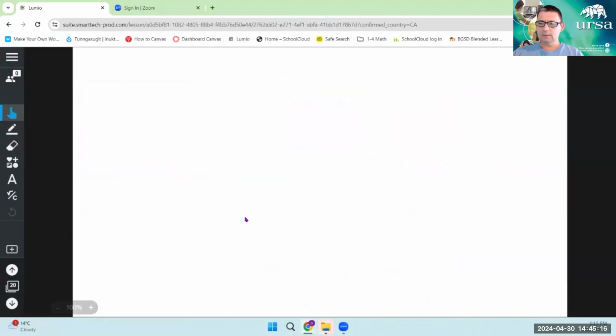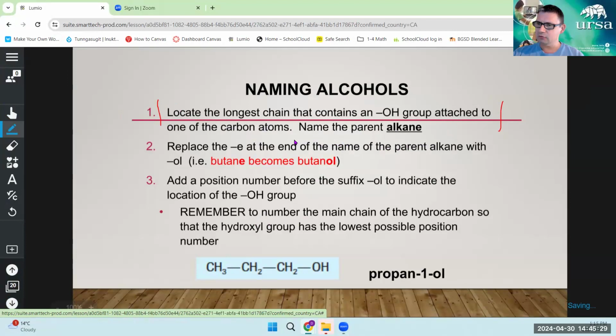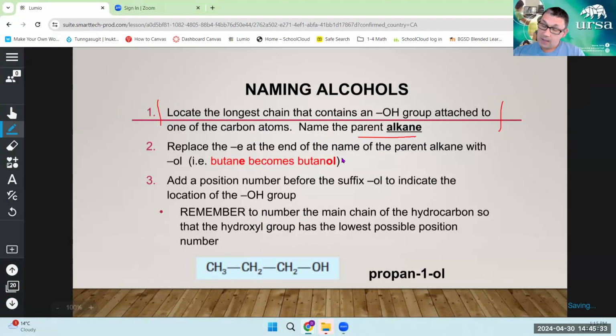So that's the alcohols. So as you continue, remember, in naming alcohols, very similar to before, find the long continuous chain that contains the hydroxyl. This is the key thing. It has to contain the hydroxyl group. Name the parent alkane, maybe an alkyne, maybe an alkene, but you start with that. You take the E at the end of the parent alkane and change it to -ol.